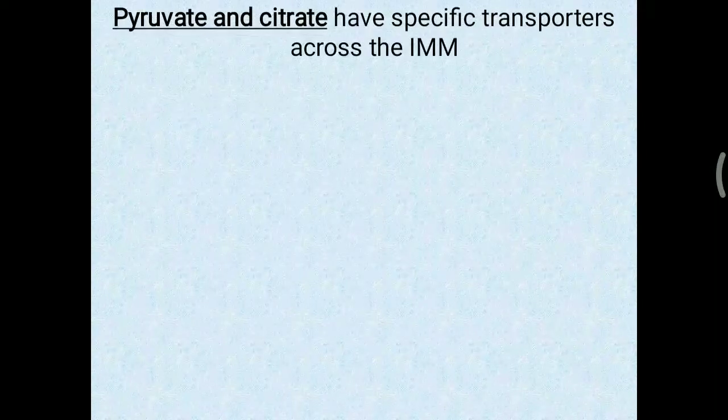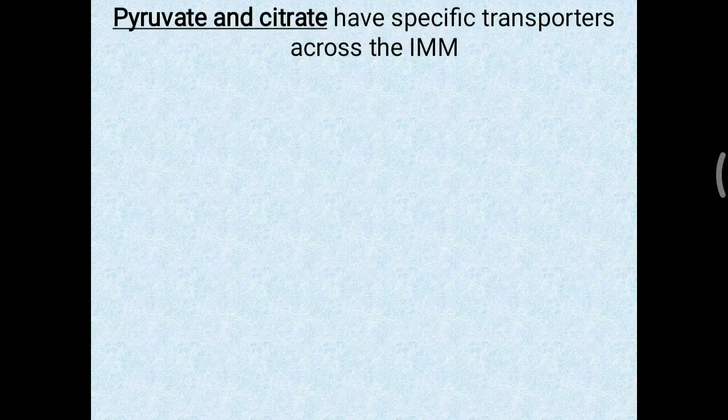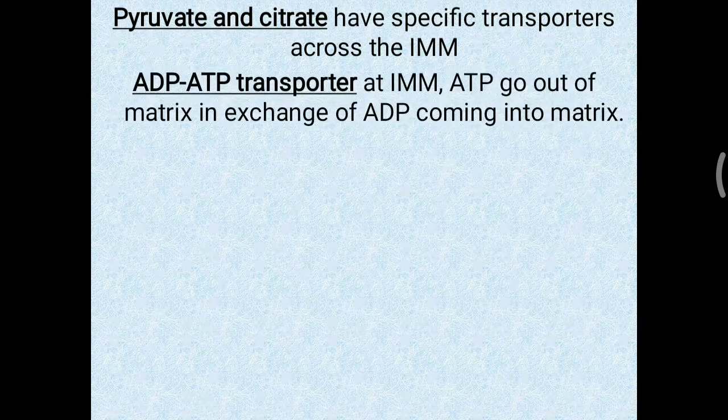Now further, across the inner mitochondrial membrane, particularly pyruvate and citrate have specific transporters. Further, an ADP and ATP transporter is also needed at the inner mitochondrial membrane. With the help of this transporter, ATP goes out of the matrix in exchange for ADP coming inside the matrix of mitochondria. So even ATP and ADP cannot cross the inner mitochondrial membrane easily.